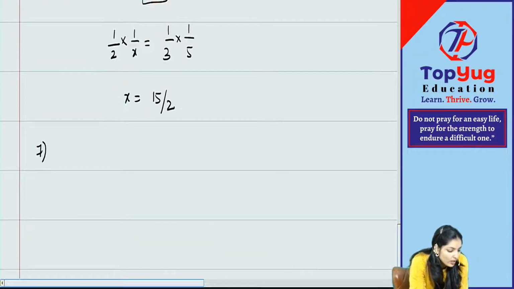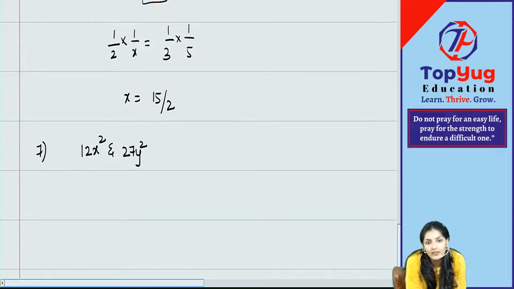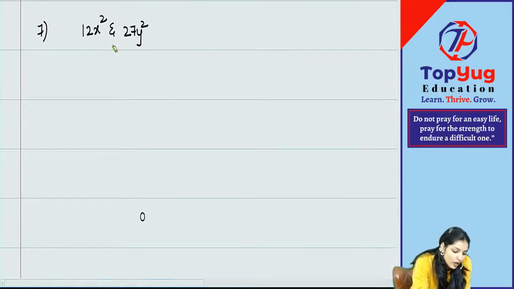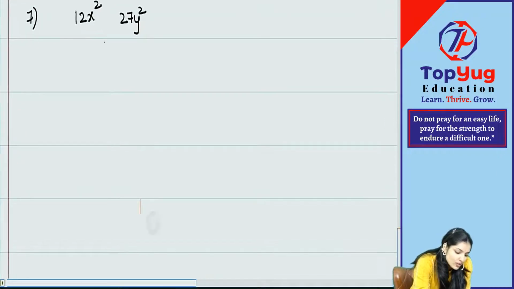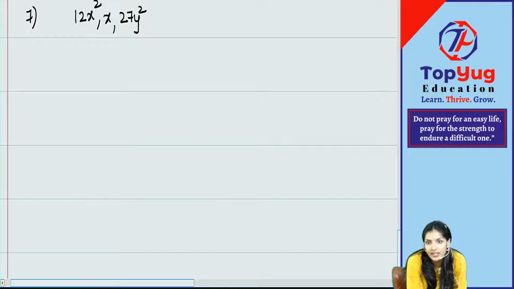Now seventh one. Mean proportional between 12x square and 27y square. So basically the middle one would be what? x, right? So 12x square comma x comma 27y square.